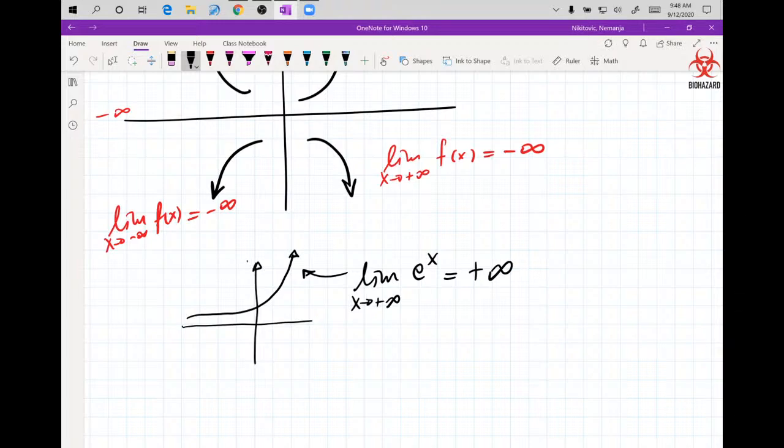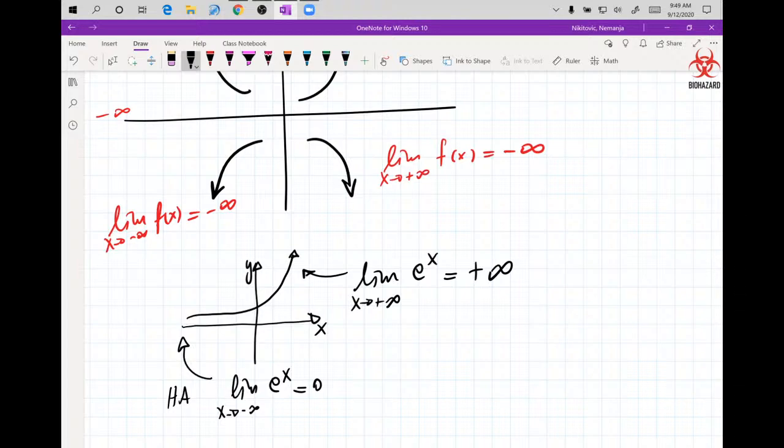And that's the end behavior of the function. This side would be the horizontal asymptote, because the limit as x went to negative infinity of e to the x gave us 0. We started with this example to show both concepts, which are given by the limits at infinity.